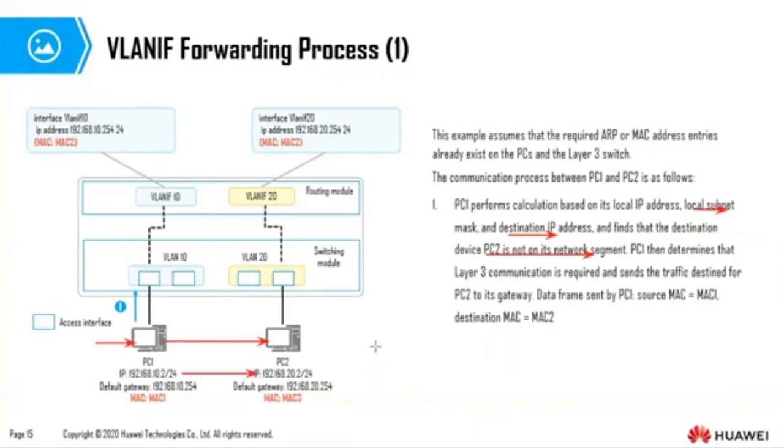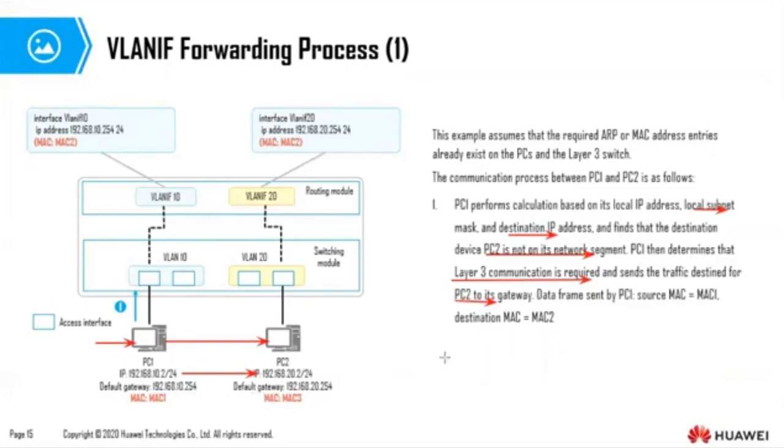It finds out no, they're not. So PC1 determines that layer 3 communication is required and sends the traffic destined for PC2 to its gateway.